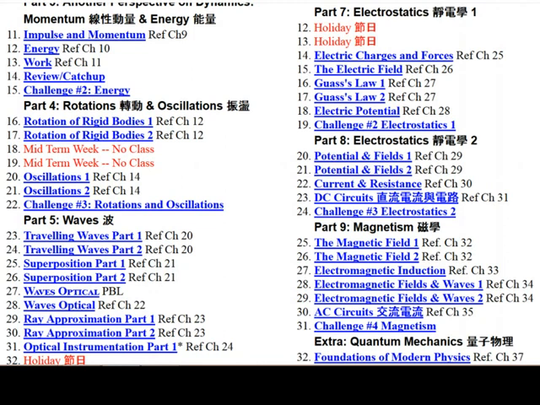Oscillations then allowed us to finally move into the fifth part of the class, which discussed wave motion. We discussed traveling waves, the superposition of waves. We talked a little bit about optical waves.